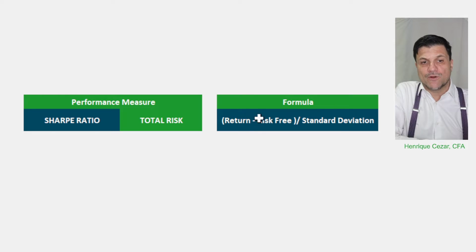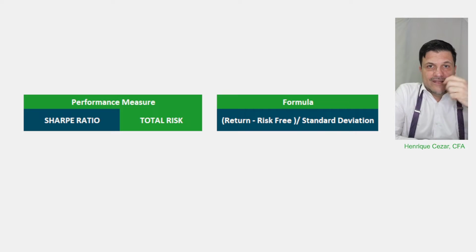The risk-adjusted return, okay, that's one. And the standard deviation is a measurement of total risk, right? In a diversified portfolio, we don't have total risk, we only have the systematic risk. So that's some of the inconvenience of the Sharpe ratio, but nevertheless, it is very well used.